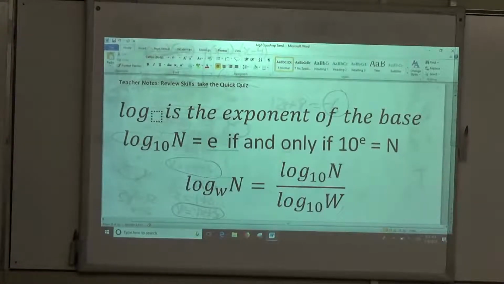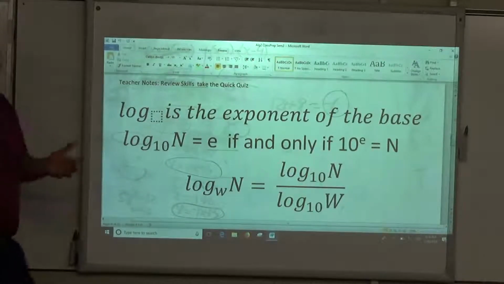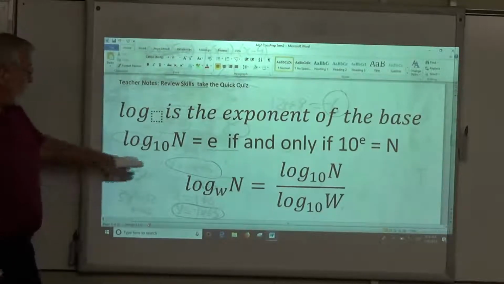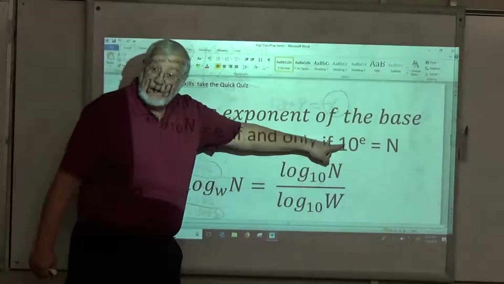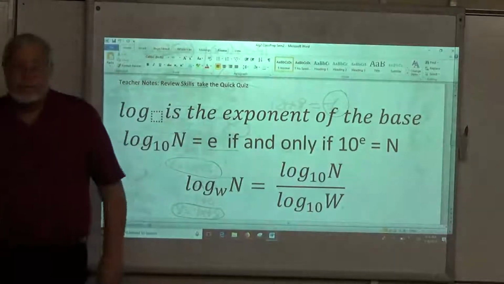There are times when, in order to analyze it, you have to change the logarithm into its exponent form.